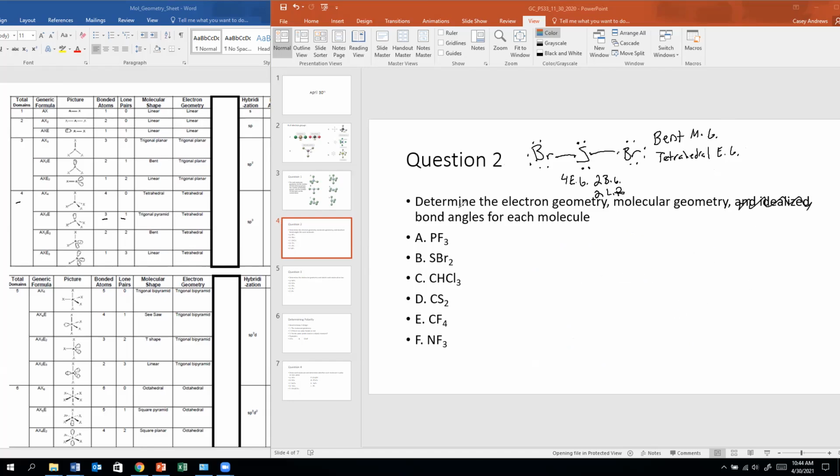All right, so C, CHCl3. Usually, whenever you have carbon, carbon is generally in the center, and carbon has 4 valence electrons. Hydrogens, terminal. Halogens, also terminal. So hydrogen needs only 2 electrons, so 1 bond, we're good there. Each chlorine has 7 valence electrons, so halogens only want to make 1 bond.